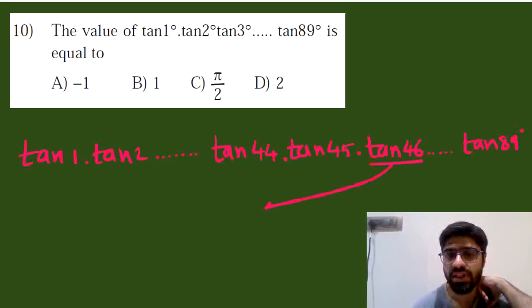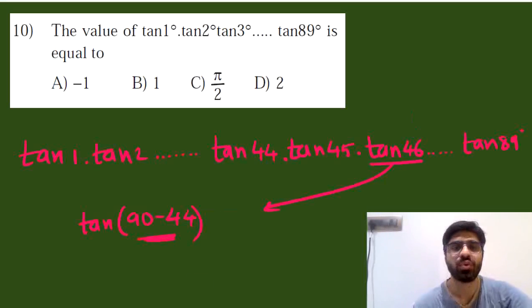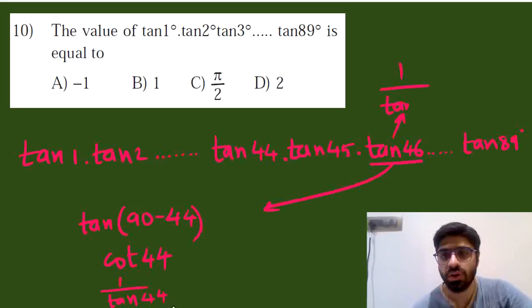Write that tan 46 as tan of 90 minus 44. I am writing 46 as 90 minus 44. But tan of 90 minus 44 is like cot 44. And cot 44 is 1 upon tan 44. So this tan 46 is 1 upon tan 44.